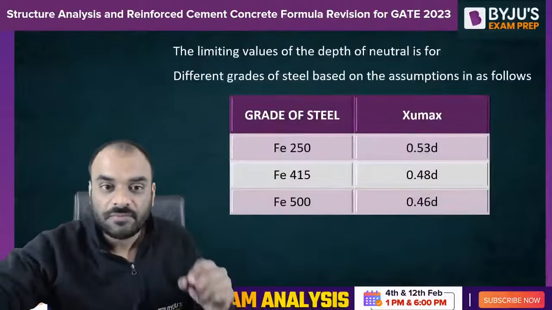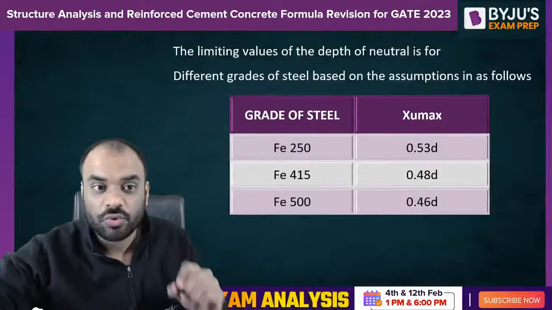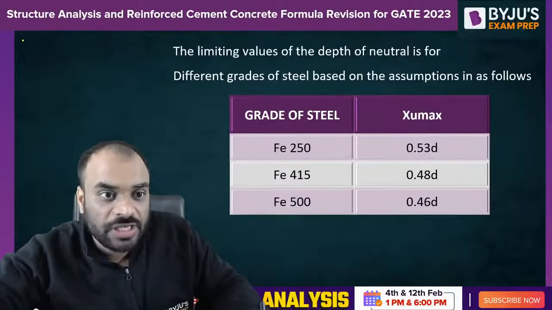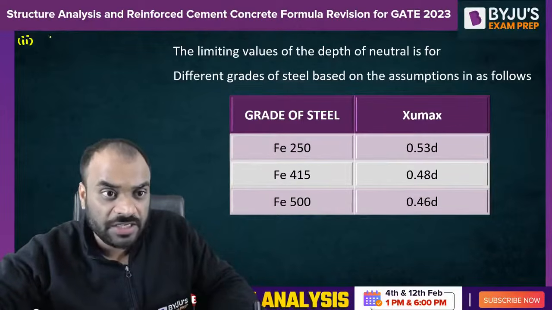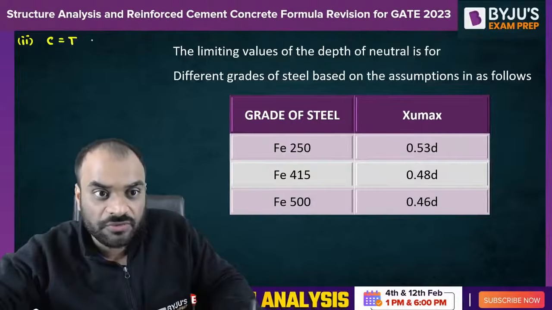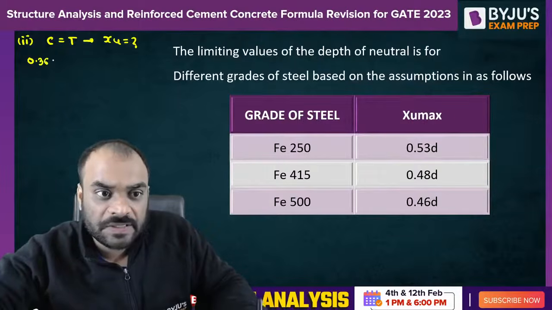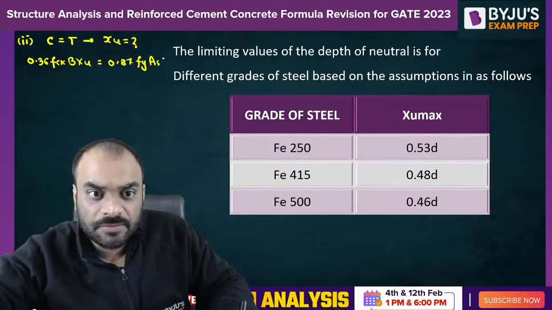The question is how we can find out the actual depth of neutral axis. To find the actual depth of neutral axis, you need to equate C force equal to T force. Then you will get the value of XU. So can I write here 0.36 FCK B into XU is equal to 0.87 Fy into AST, correct?